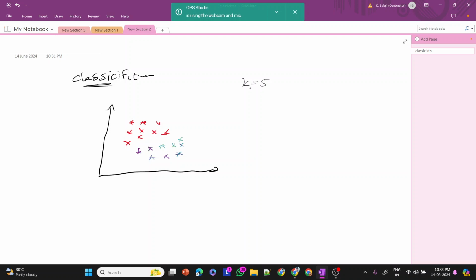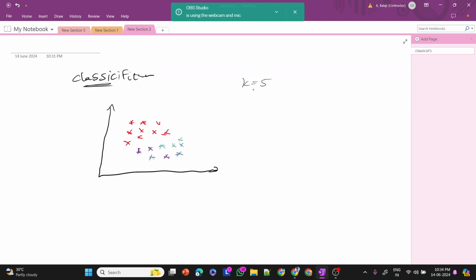Depending upon this k value, by changing it, we can get a very accurate output, or we can say we can get a better prediction from this algorithm.